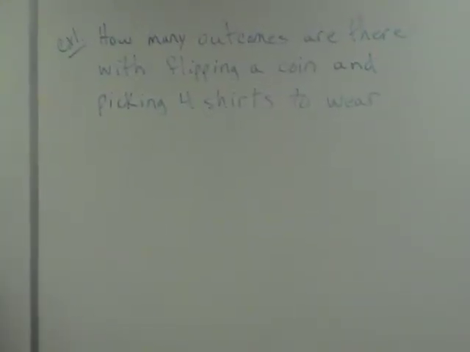So it's asking possible outcomes. There are 8 of them. How'd you get it? Multiplied 2 times 4. 2 outcomes for the coin and 4 outcomes for the shirt.